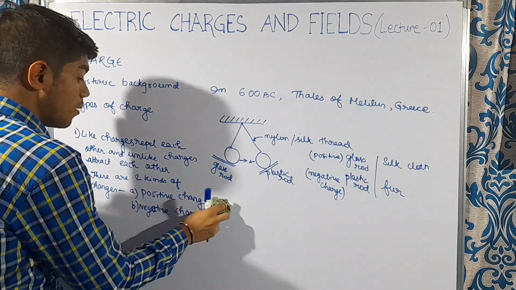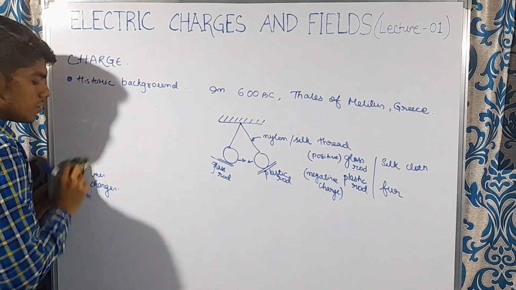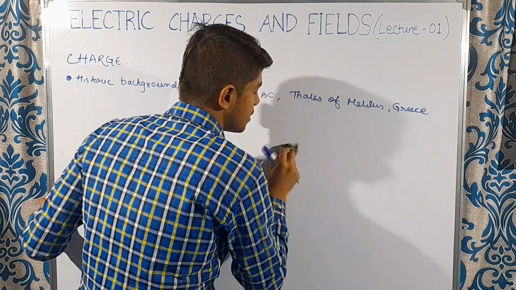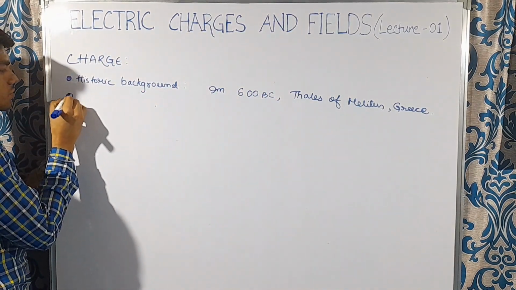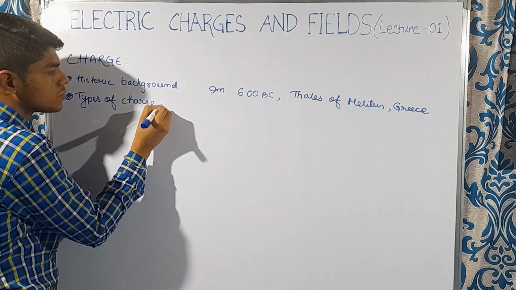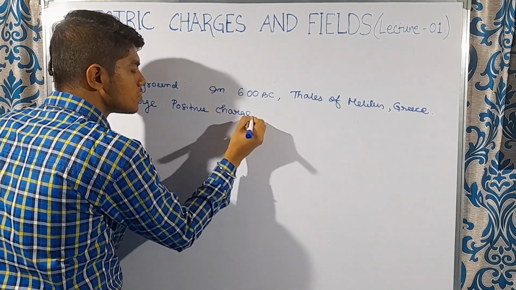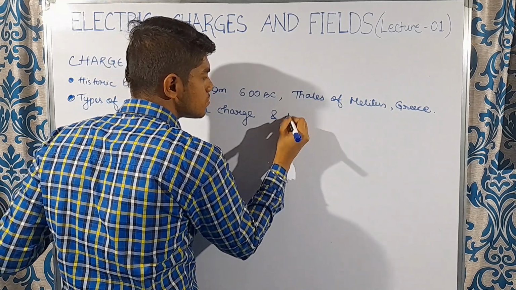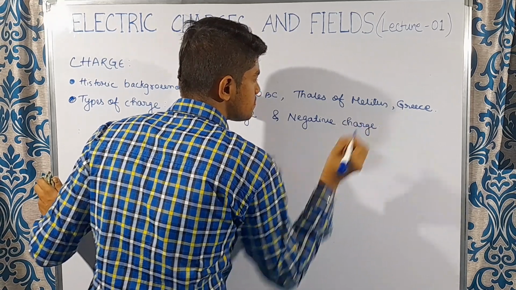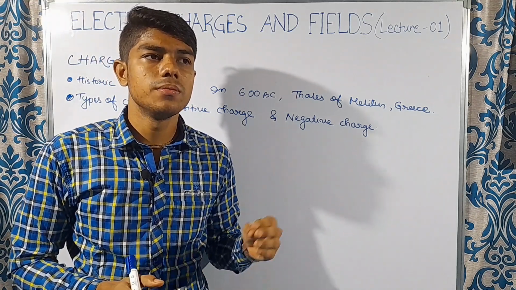Okay. Now, a body that possesses an electric charge is called a charged body, or we say the body is electrified.